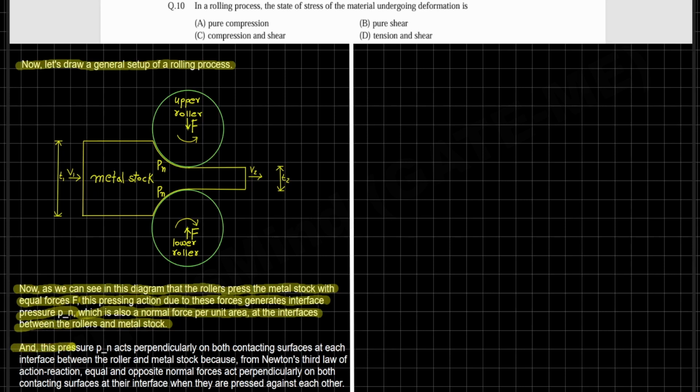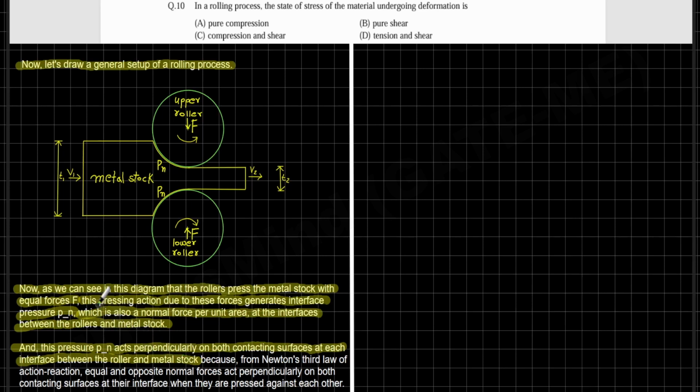And this pressure Pn, that can vary, acts perpendicularly on both contacting surfaces at each interface between the roller and metal stock.